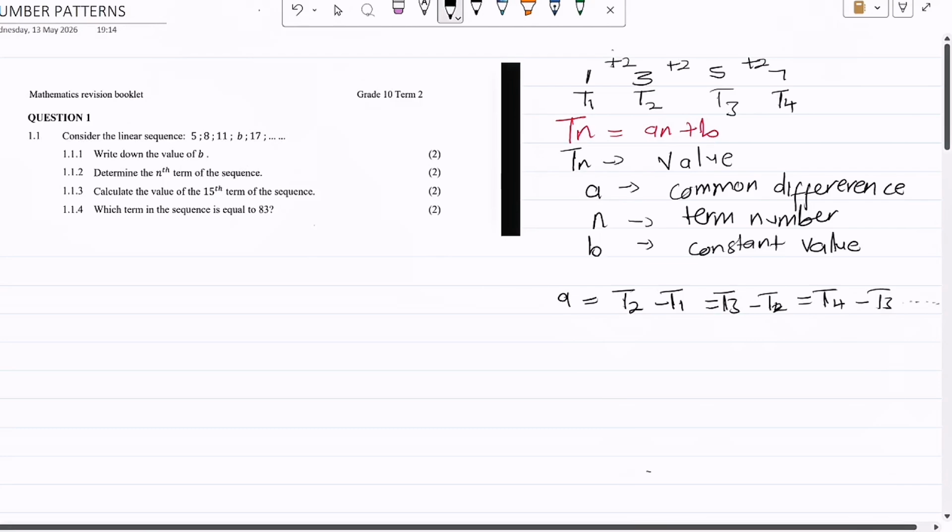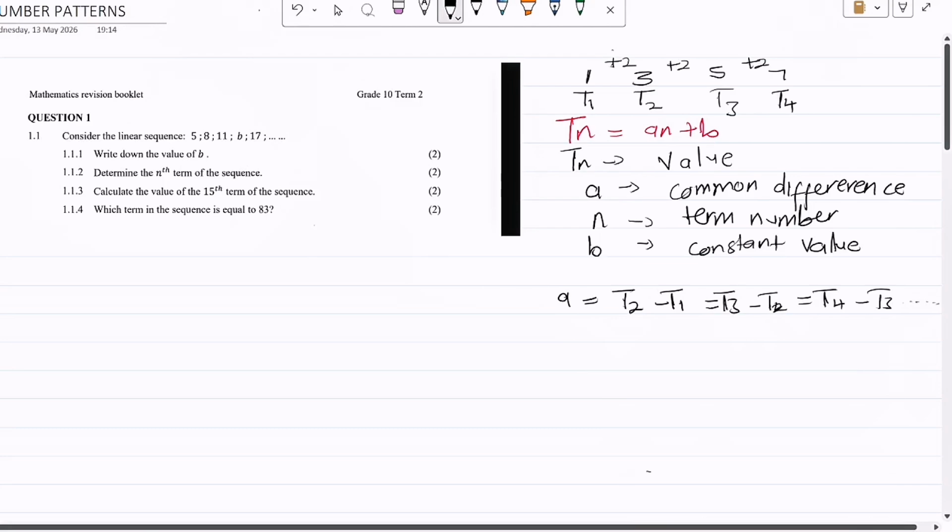So this difference will be the same between all your terms. For example, we had 1, 3, 5, and 7.